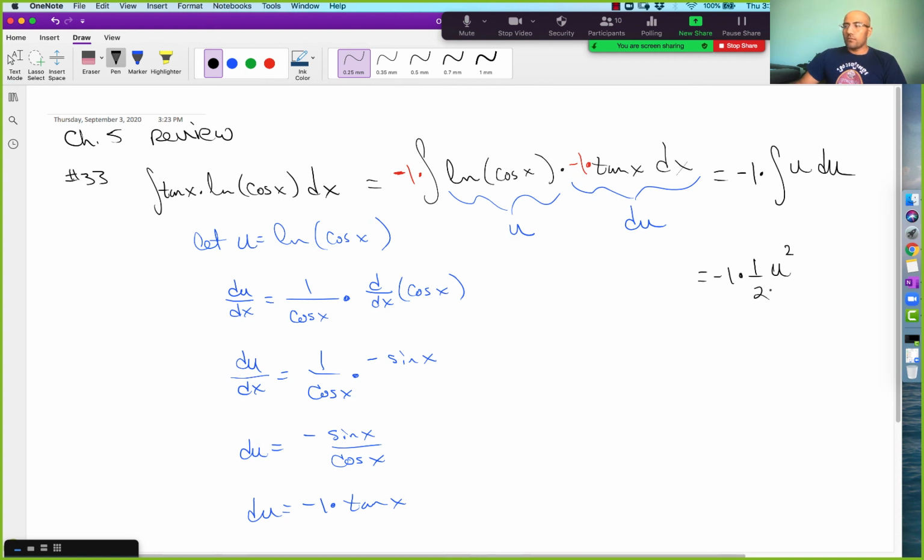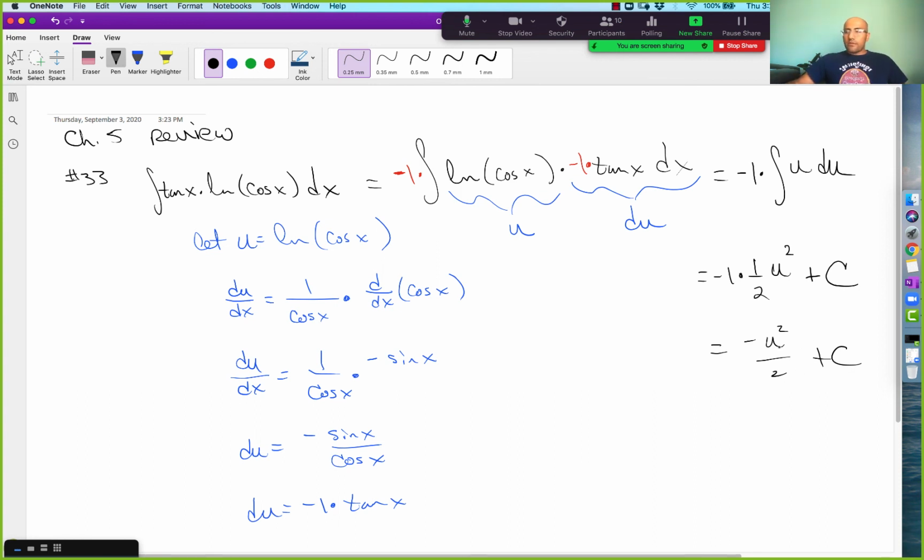So I end up with this, and then since this was an indefinite integral, there were no limits of integration, we have to think about the fact that this is solved by this function or any other constant. So -u squared over 2 plus a constant ends up being my answer.